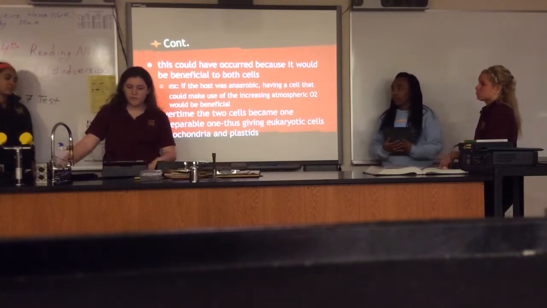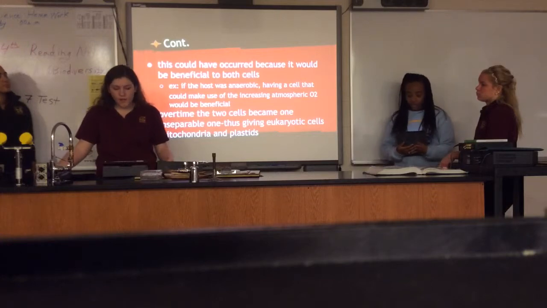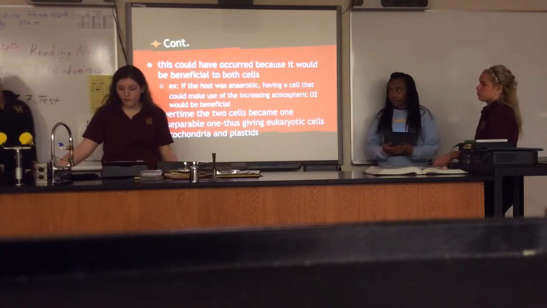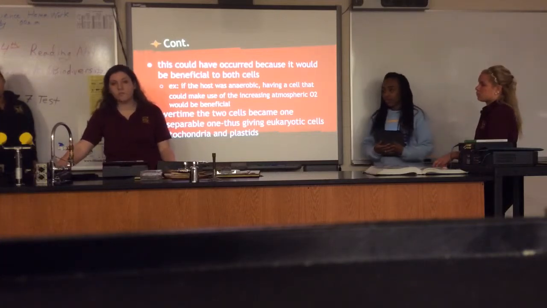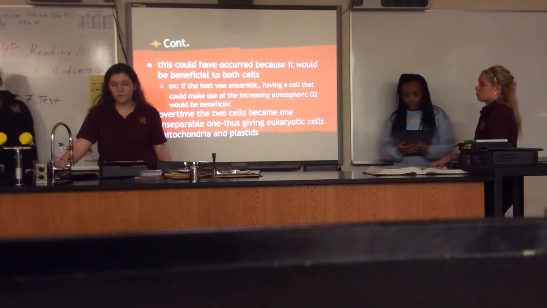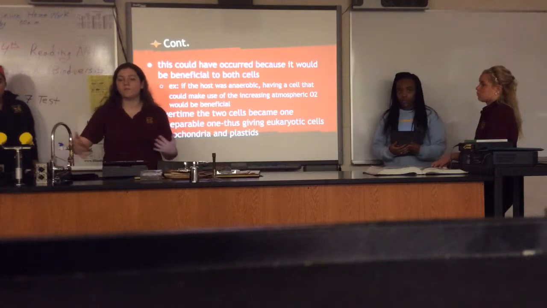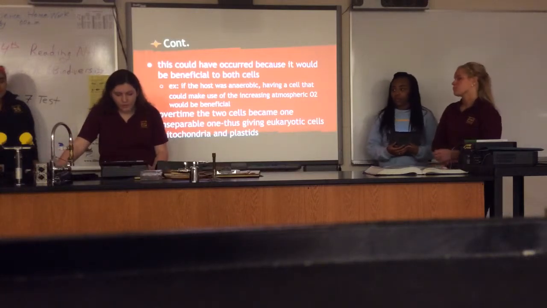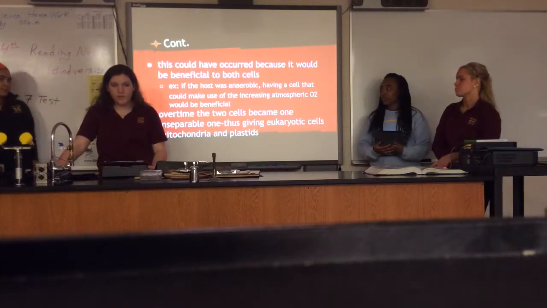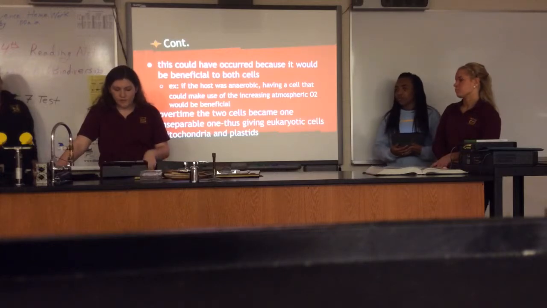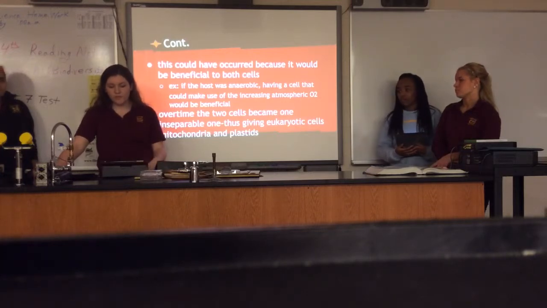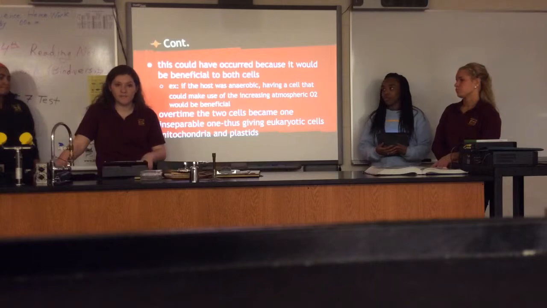This could have occurred because it would be beneficial to both cells. For example, if the host was anaerobic, having a cell that could make use of the increasing atmospheric O2 would be beneficial for the larger cell, and then they could live in a mutually beneficial relationship. Over time, the two cells became one and inseparable, thus giving eukaryotic cells mitochondria and plastids.